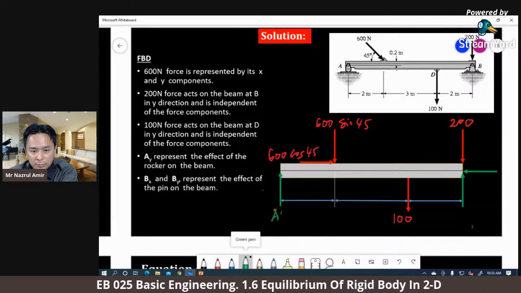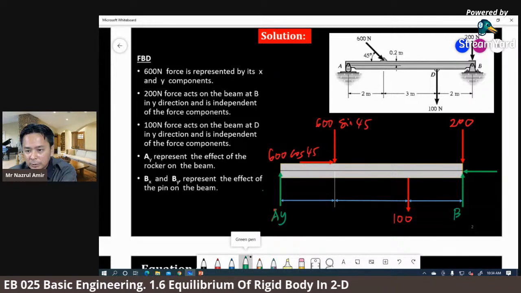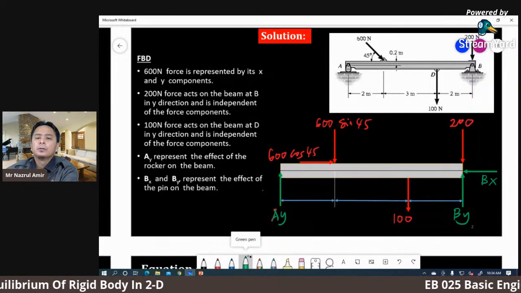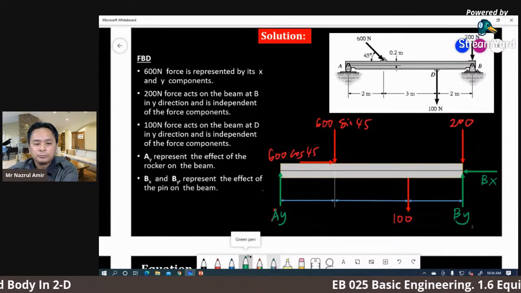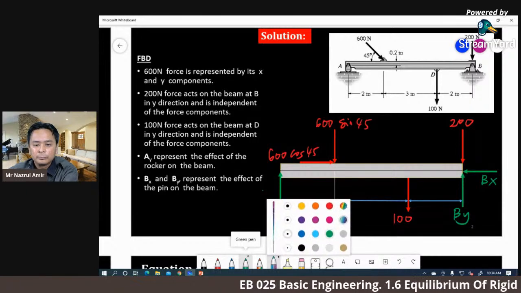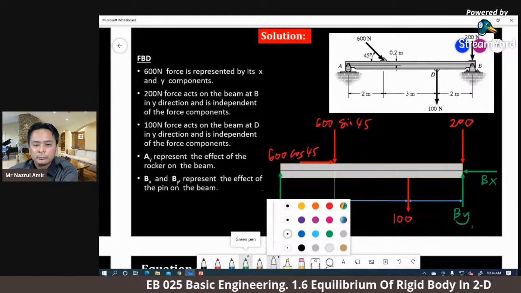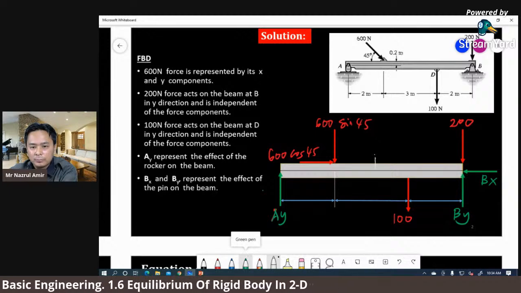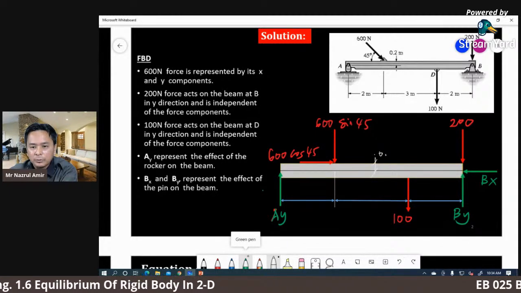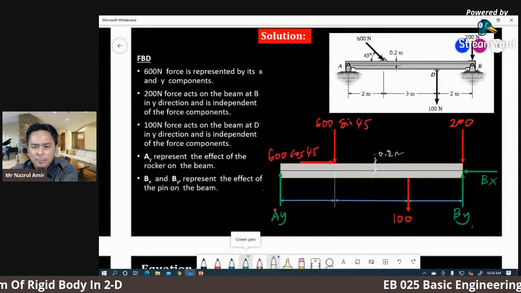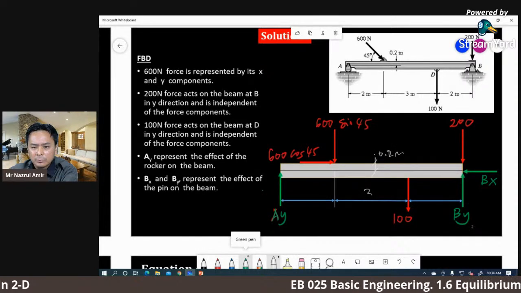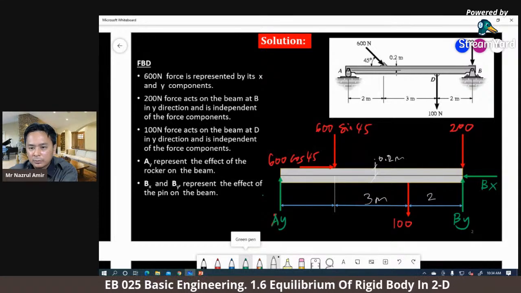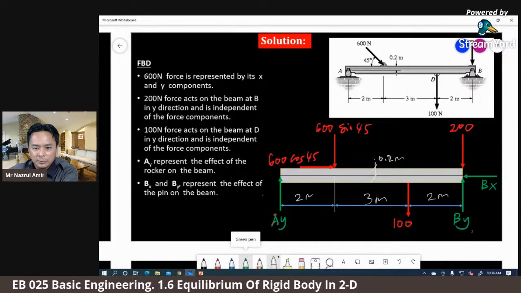AY, here is BY, and here is BX. And then we have the dimension of the body: 0.2 meter, 2 meter, 2 meter.